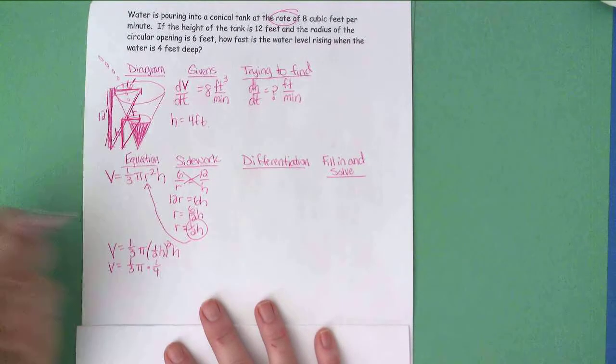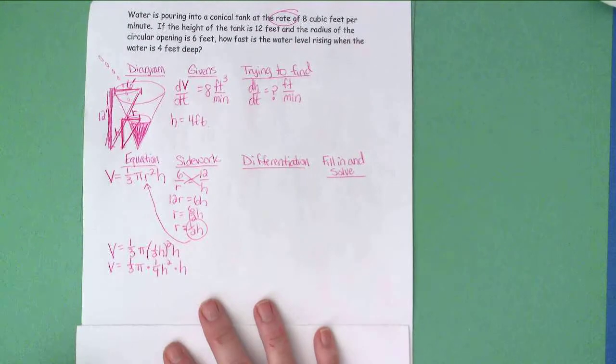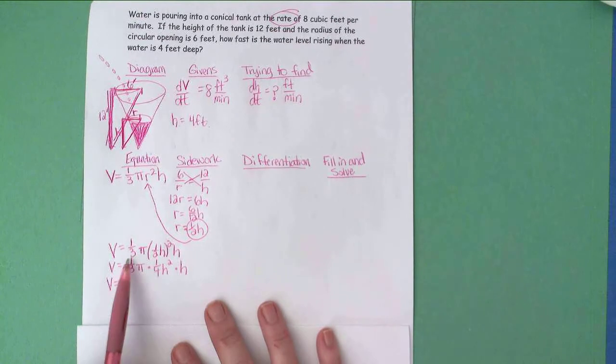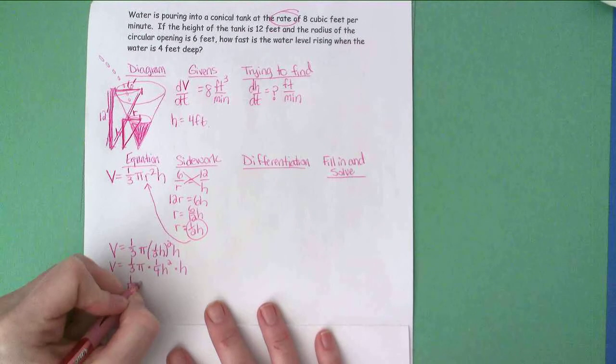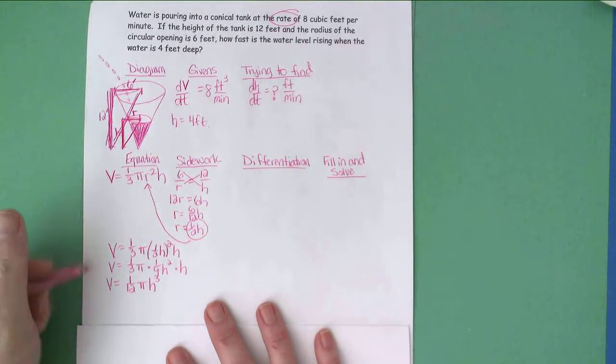H squared is H squared. And then I have my extra H on the back. So cleaning that up, 1/3 times 1/4 would be 1/12 pi H to the third. So that's a pretty nice equation right there.